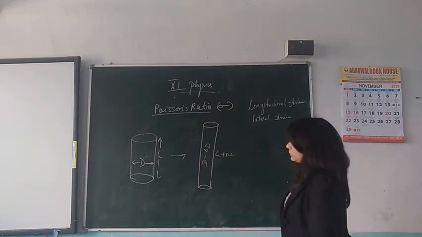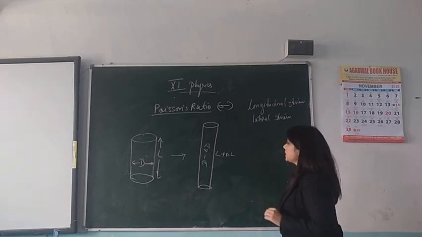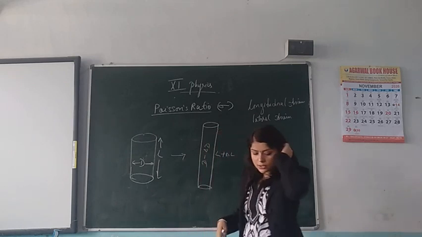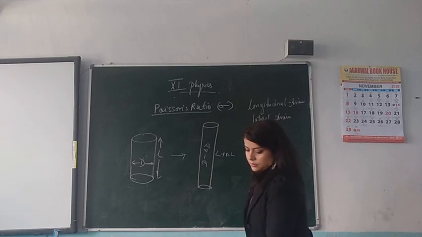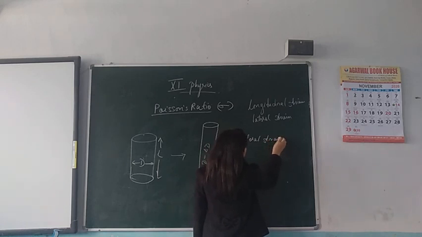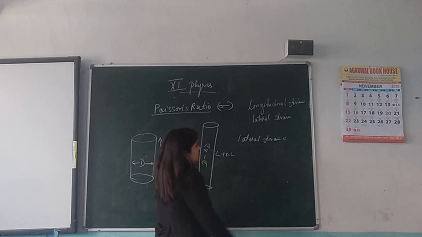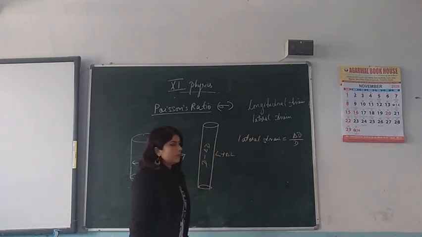Now, let us find the lateral strain first. Lateral strain means the change of diameter in the lateral side. So lateral strain will be the change in the diameter divided by the actual diameter.